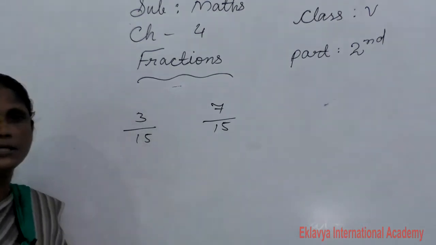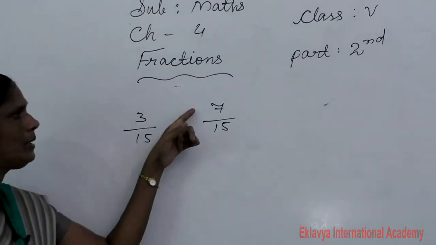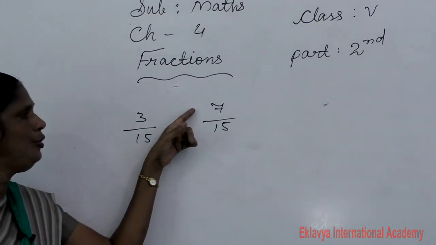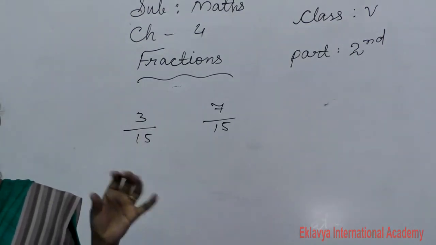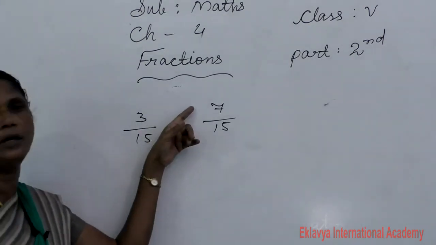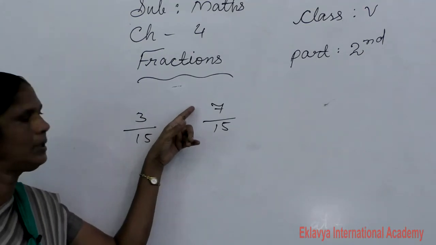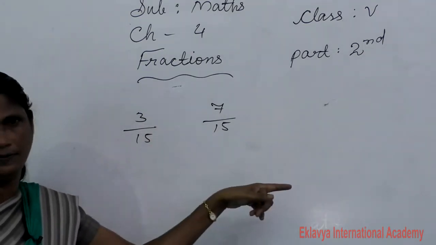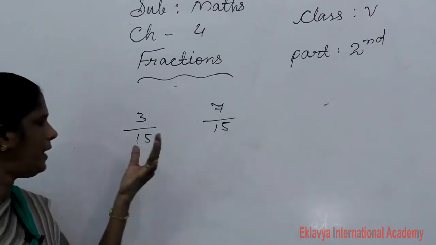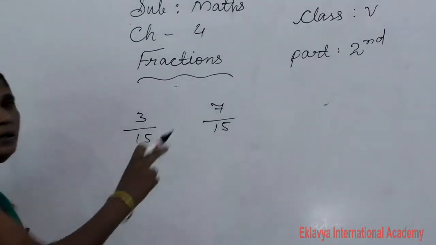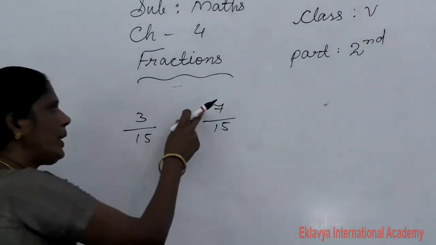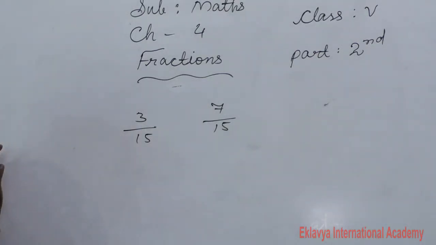Which fraction is greater? The one with the greater numerator is the greater fraction. Understand? When the denominators are same, the greater the numerator, the greater the fraction.